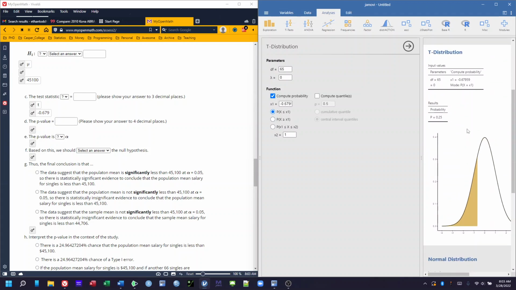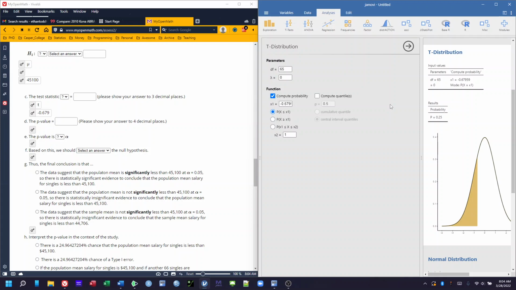Come down here. So it says that there's about a 25% probability of being less than our t-score of negative 0.67959.